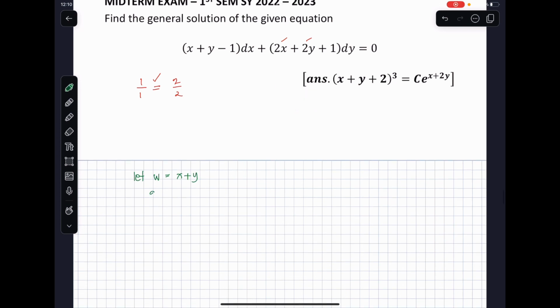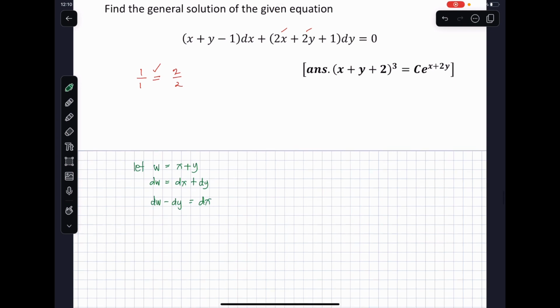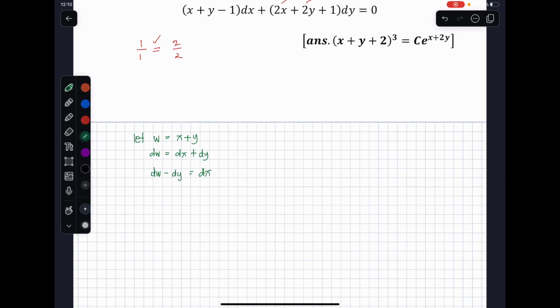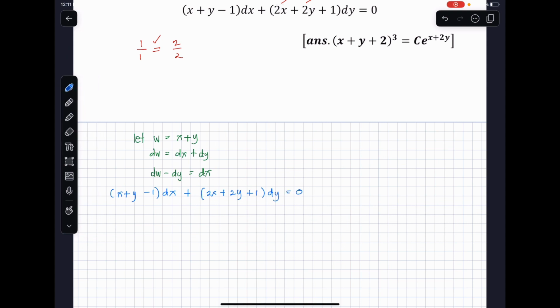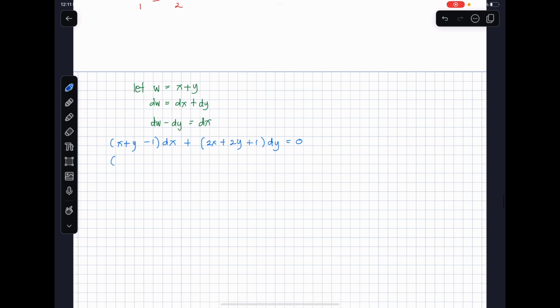And then we simply differentiate w, so dw is equal to dx plus dy, the derivative of y is dy, and then we transpose. So dw minus dy is equal to dx. But take note here that we have x plus y minus 1 dx plus 2x plus 2y plus 1 dy is equal to 0. Since w is x plus y, this is the same as x plus y minus 1 dx.